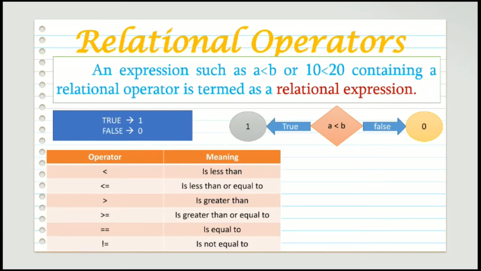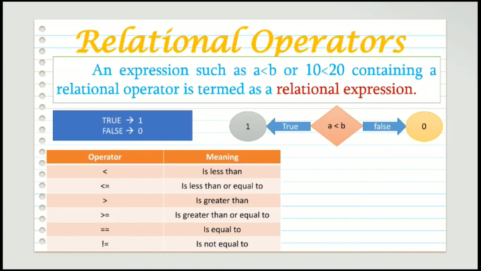Fourth one is greater than or equal to. Next one, equal to. Here the equal sign is used 2 times to check whether a variable is equal or not, and the last one is not equal to, and the meaning is not equal to.